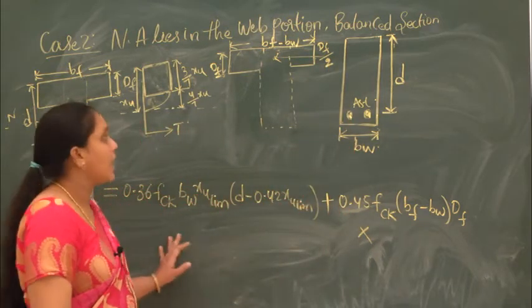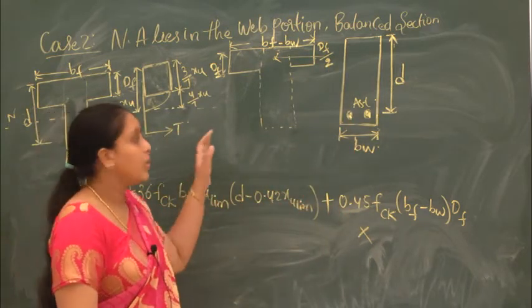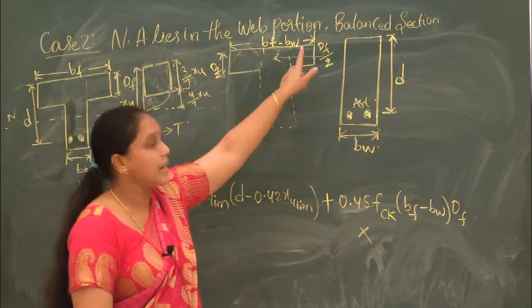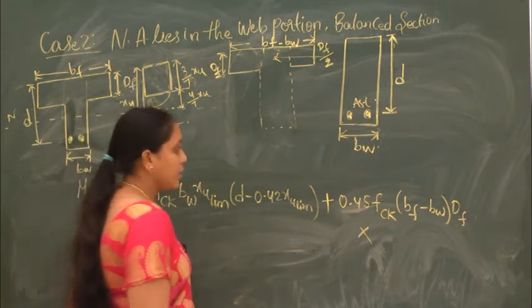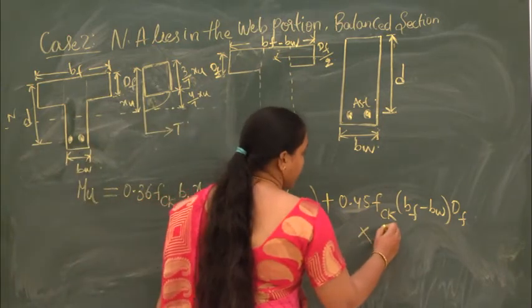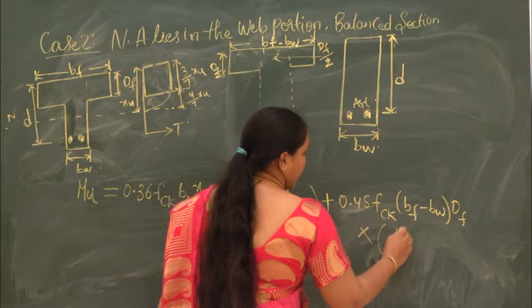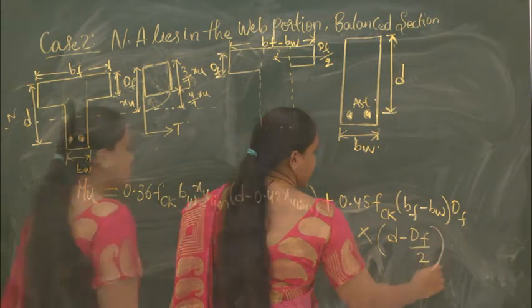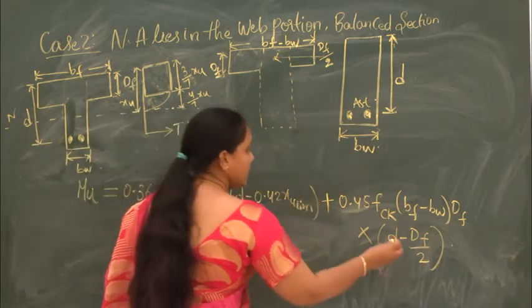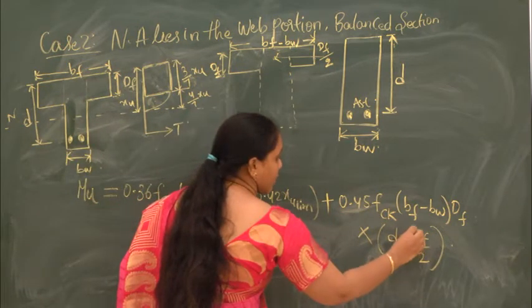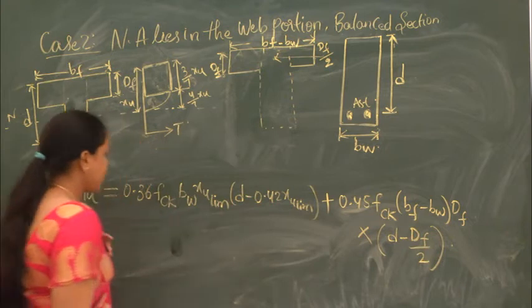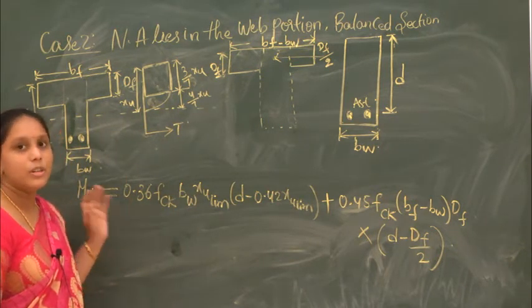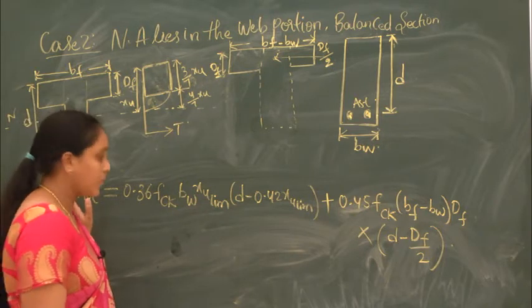So the lever arm here will be D minus DF by 2. So this is how you can calculate the moment of resistance with respect to concrete.